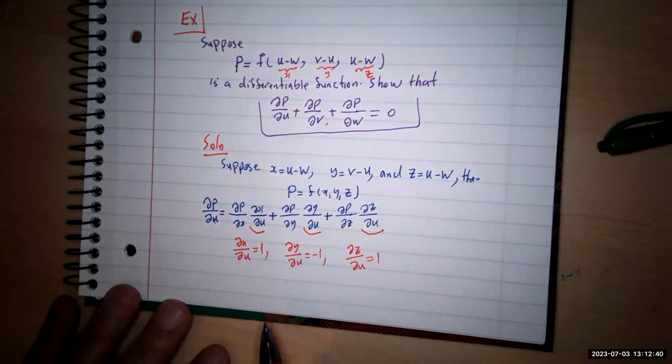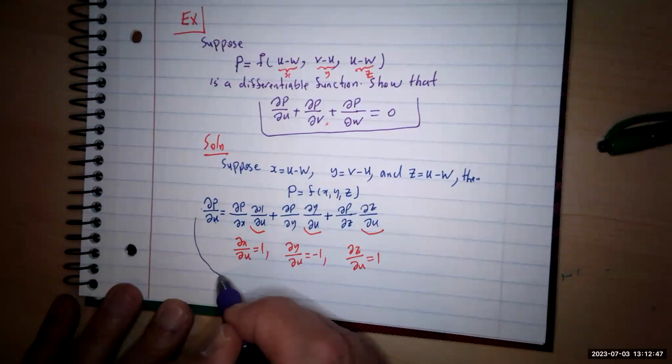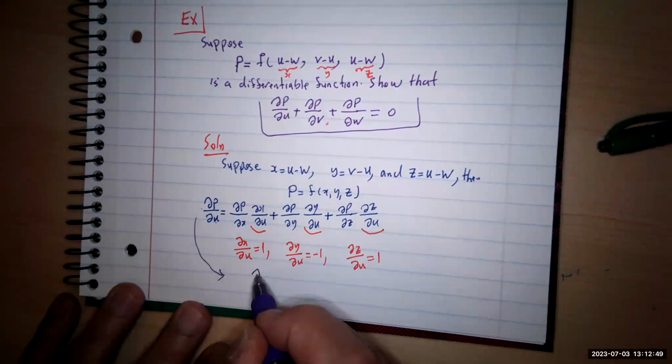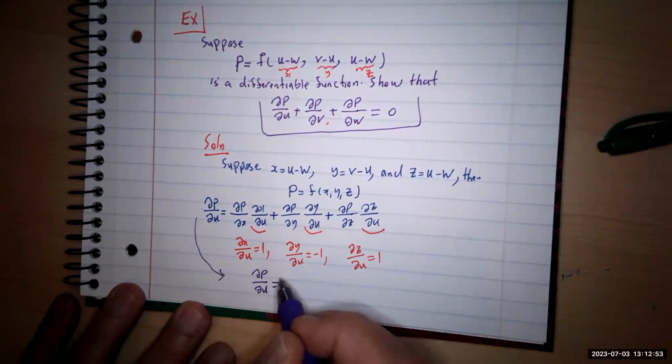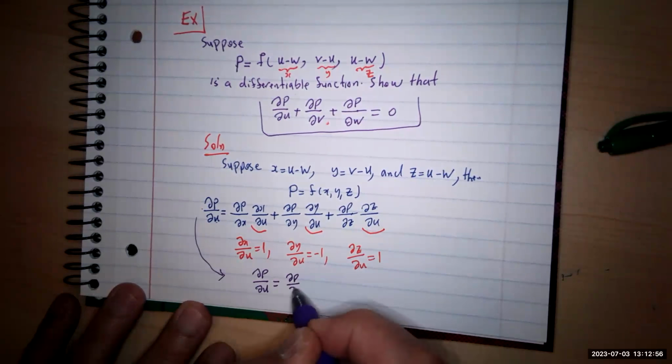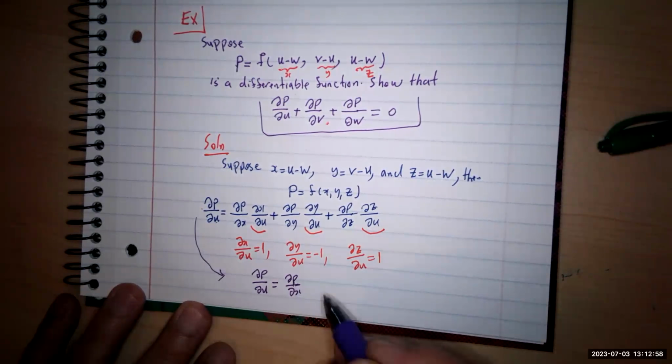Substitute and keep it. If you substitute here, the calculation is: ∂P/∂U is equal to, this is 1, so that gives ∂P/∂X.